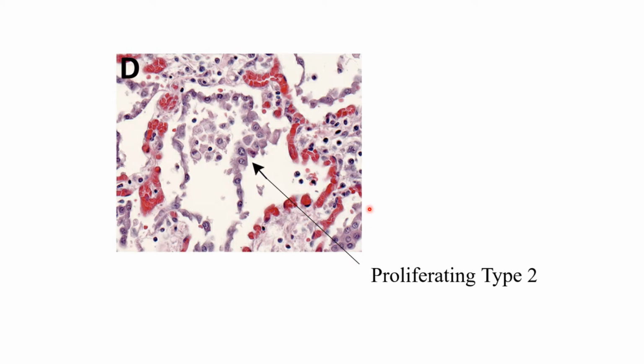Here is one that is most likely type 2 pneumocytes which have gone on to make a multinucleate giant cell. So when they start proliferating in such circumstances, type 2 pneumocytes can form multinucleate giant cells. This is what it most probably is.